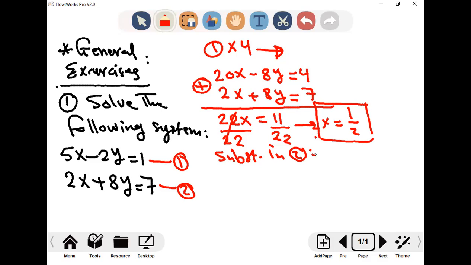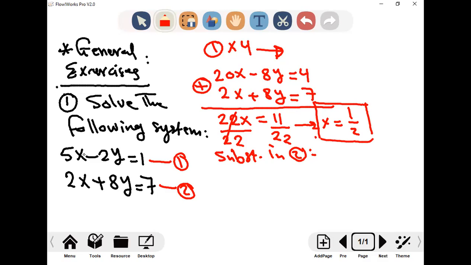Focus now. Why did I choose equation 2? You can choose equation 1. It's the same. You can substitute in 1, you can substitute in 2. You can eliminate x, you can eliminate y. You have a lot of choices. But sometimes you need to get the answer in the easiest way. So why did I choose equation 2 here to substitute x equals half?